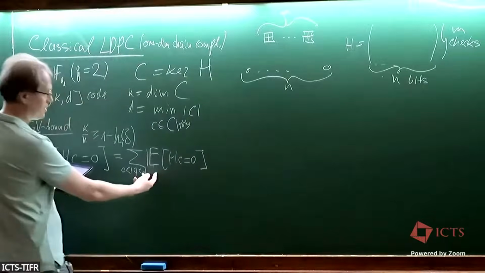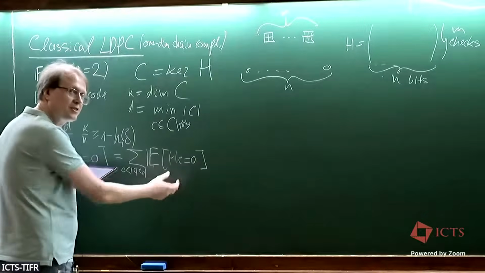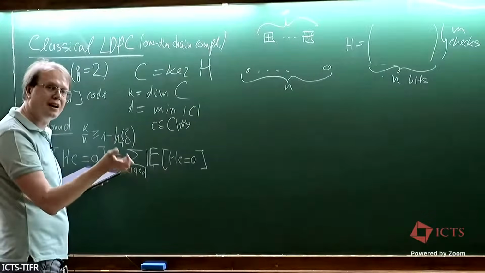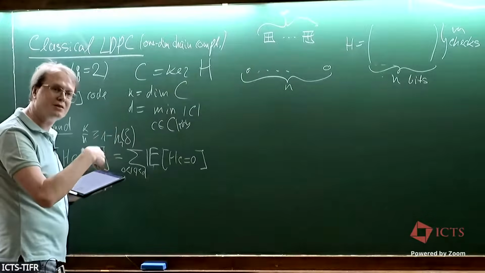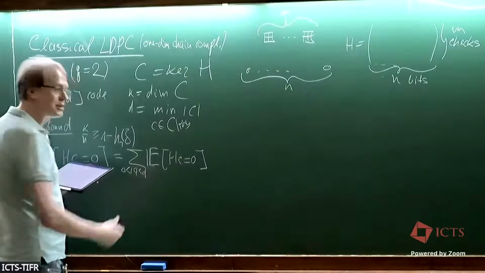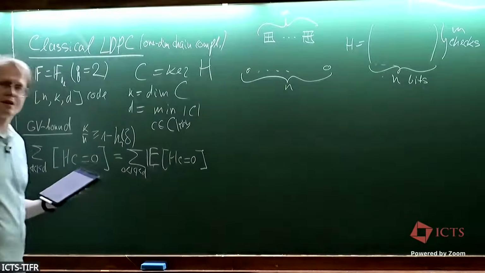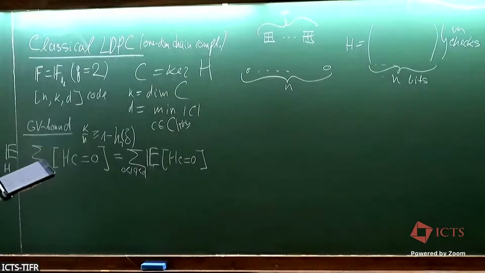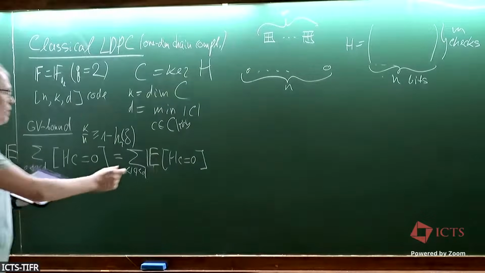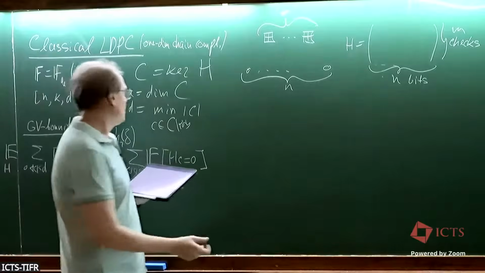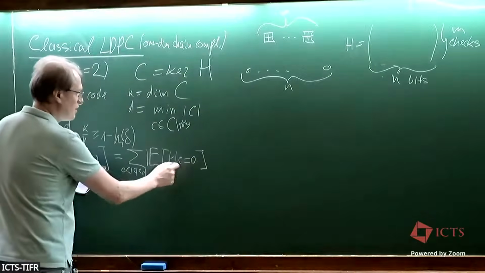This is the expectation of a function that returns either 1 or 0. And this expectation is exactly the probability of this event for a random parity check matrix. Let us estimate this probability. What is H multiplied by c?